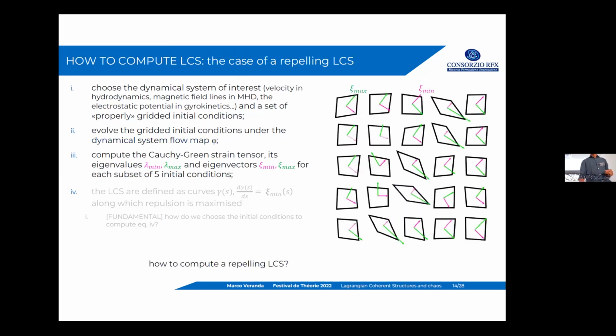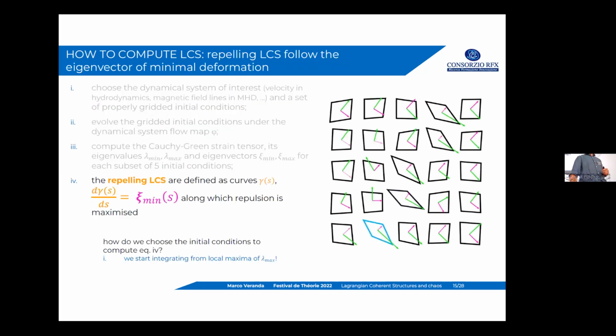The point now is that you do this evolution for all the set of initial conditions, you get to a situation like this. This is purely pictorial, I want to stress. And then you have to compute a repelling Lagrangian coherent structure. Well, the definition is that a repelling Lagrangian coherent structure is a curve, gamma, that is everywhere tangent to the minimum eigenvector.